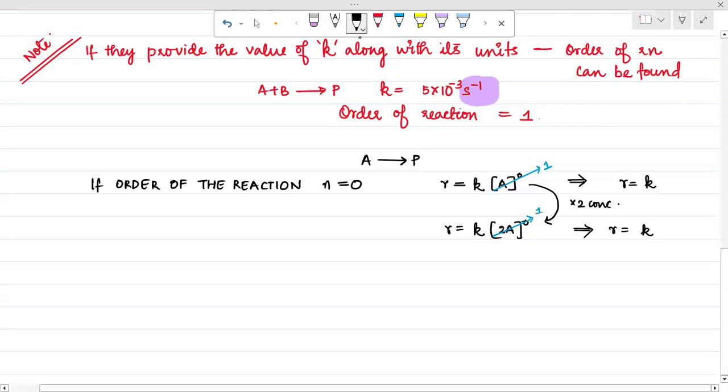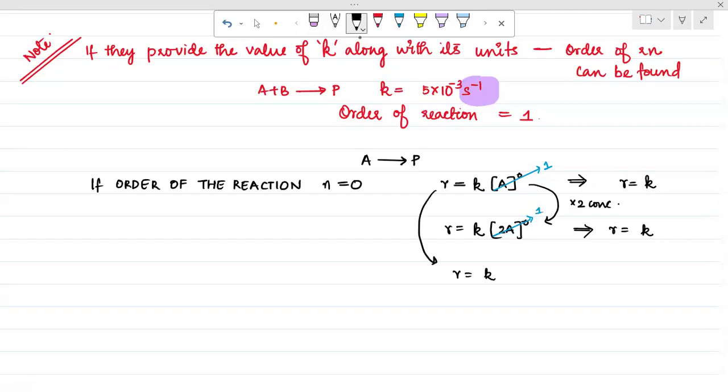Now let's say that I increase the concentration by 3 times. R is equal to K into 3A to the power 0. I have increased the concentration 3 times. Does that make any change to the rate of the reaction? No. Which means R is again equal to K.